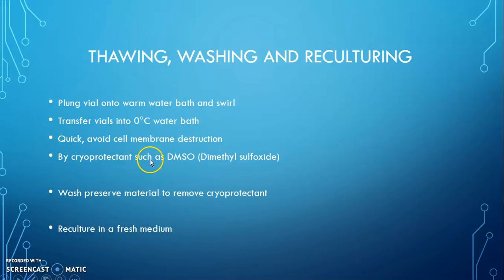Or else, if it is not quick, when the temperature reaches a certain level, the dimethyl sulfoxide can cause damage to the cell membrane of the cells. Therefore, washing is done to remove the dimethyl sulfoxide and many more cryoprotectants.